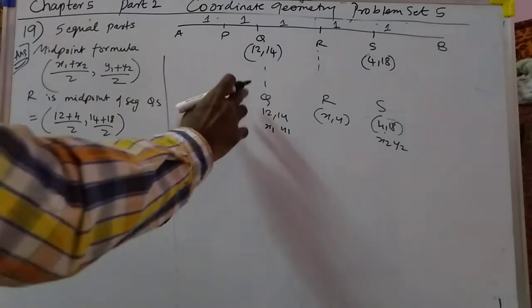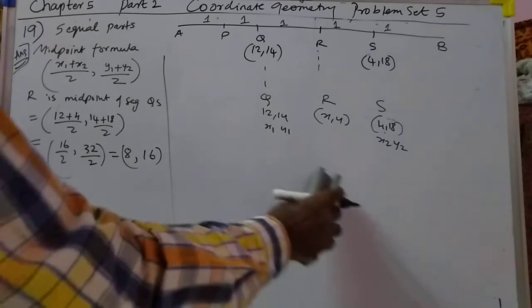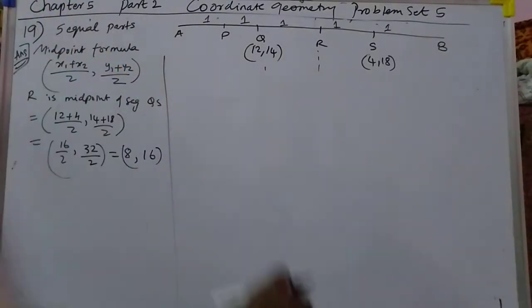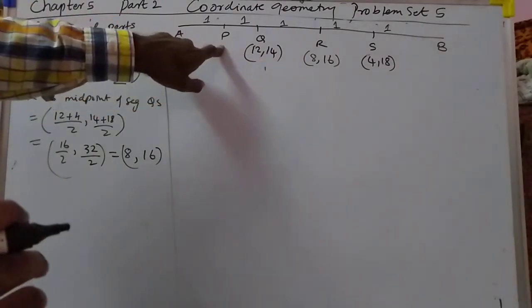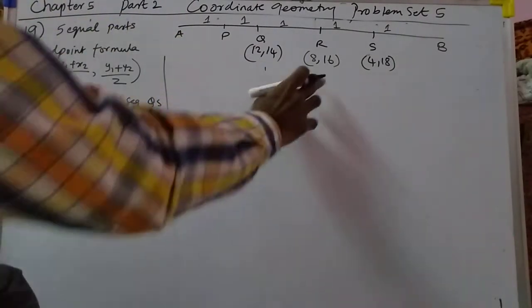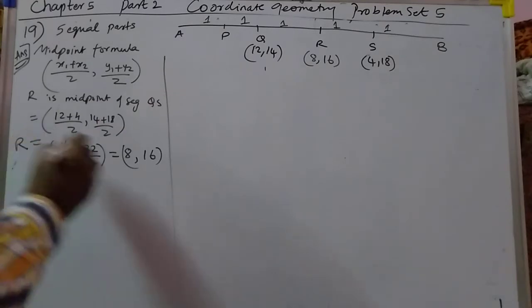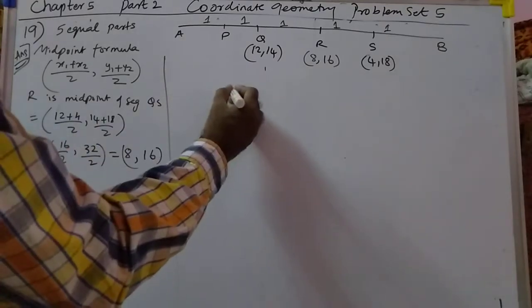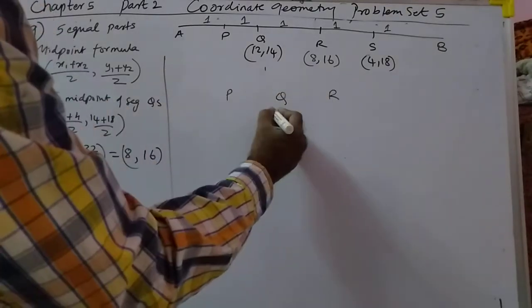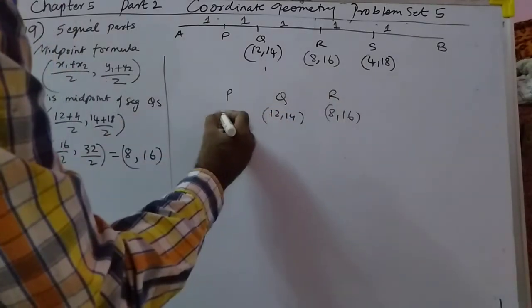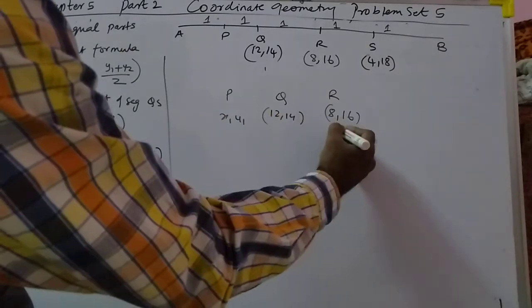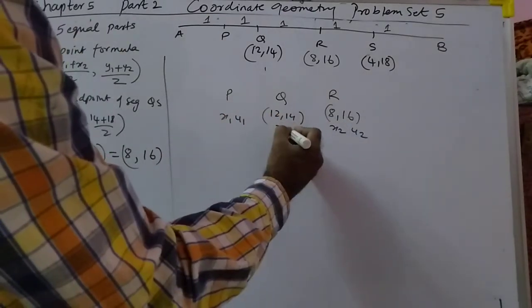Now let us calculate for this p. If you got r, let us calculate p. Bring p, q, r. Q is 12 and 14, r is 8 and 16. Take it as x1, y1, take it as x2, y2, and take it as x comma y.